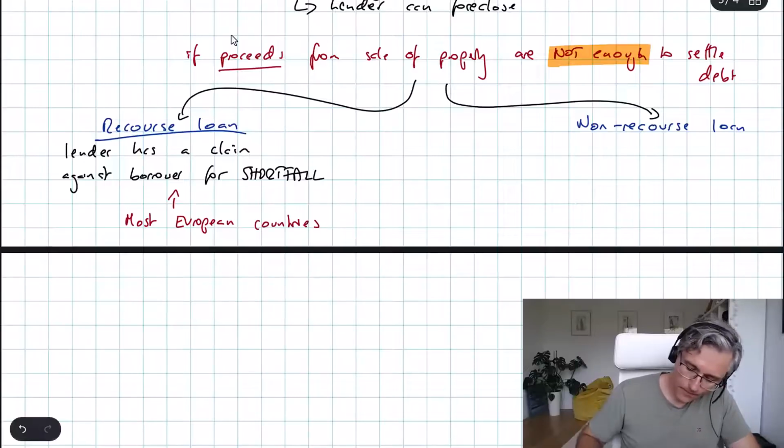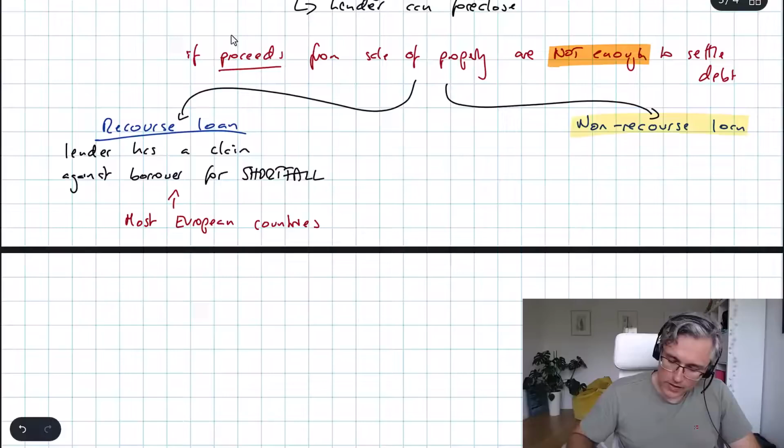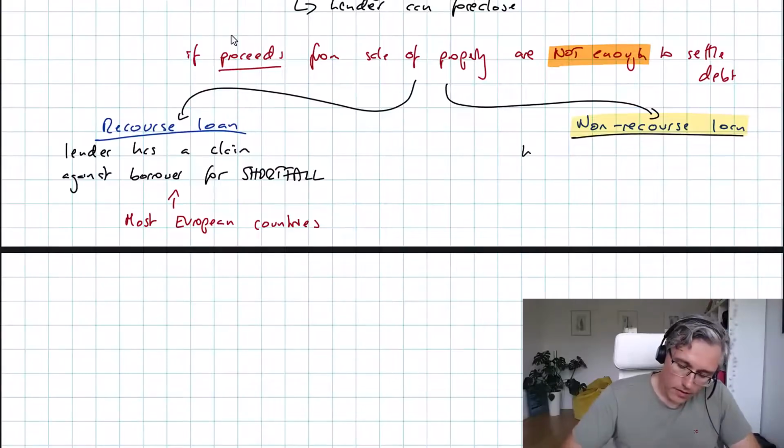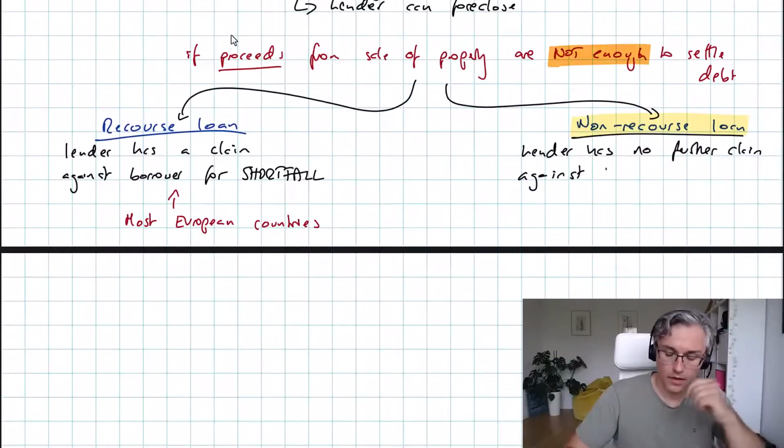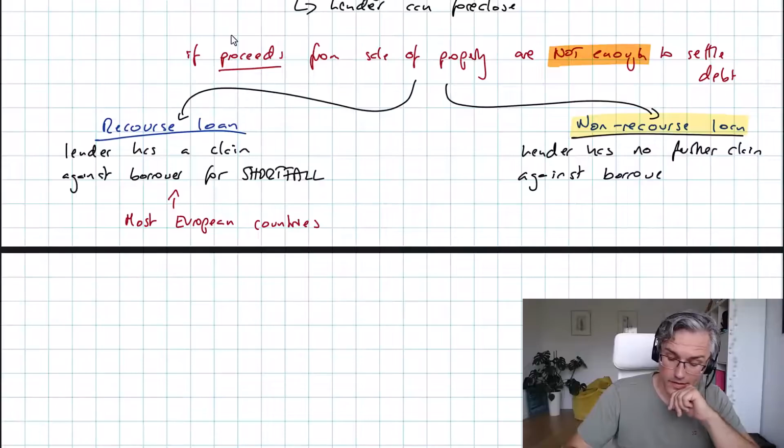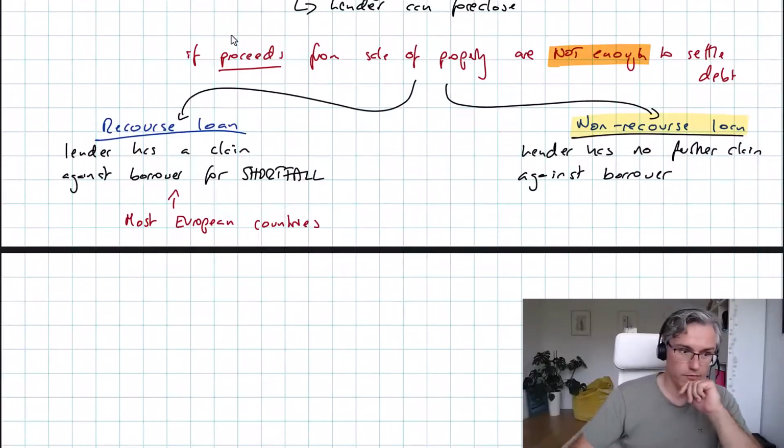However, we also have non-recourse loans where the lender, after the sale of the foreclosed asset, has no further claim against the borrower. So it's basically the lender's problem if the loan is not fully repaid using the proceeds from the asset sale.